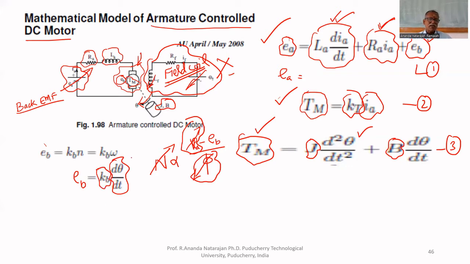Therefore, EB equals kb d theta by dt. That is the fourth equation. Instead of d theta by dt, you can put omega, or speed, number of rotations n. That's all. These are the four equations representing the armature controlled DC motor.